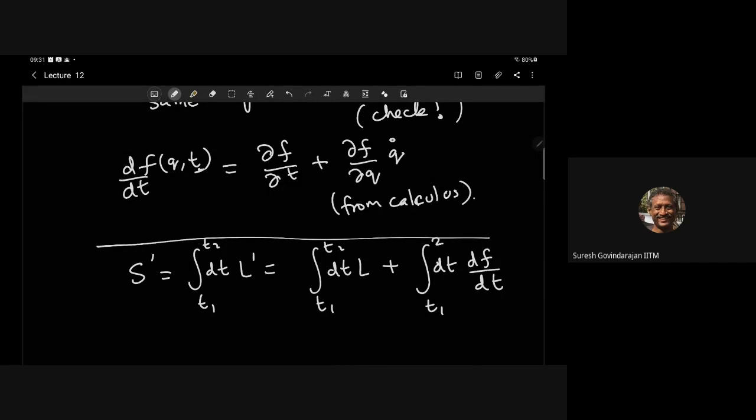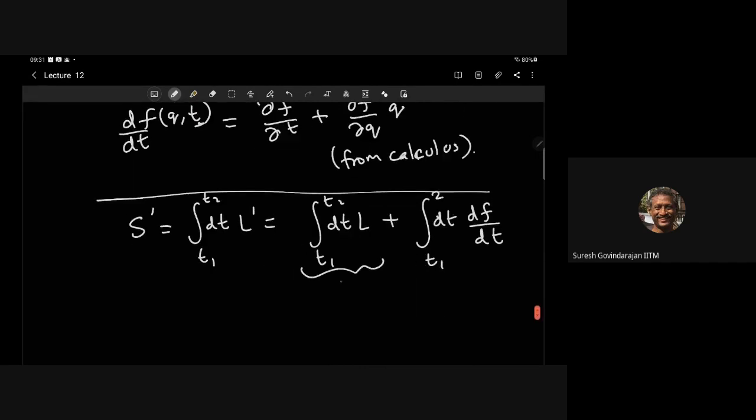So this quantity is what we will call S, plus, since this is a total derivative, just f of q and t evaluated at t1 and t2.